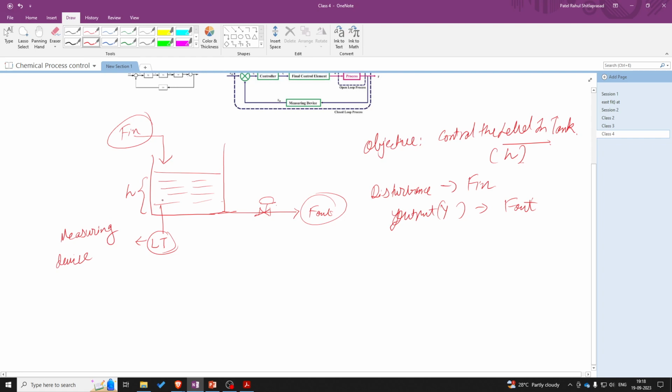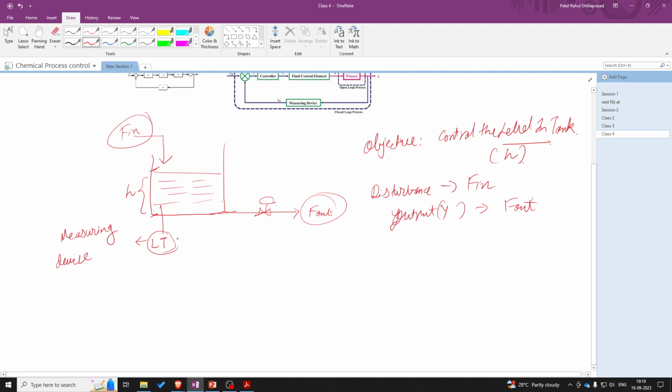One kind can be a differential pressure transmitter. It will measure the pressure at this point and the pressure at this point, and then use the equation P1 minus P2 equals rho g h. On the basis of that, it can calculate the height of the liquid in the tank. So this is an example of a level indicator or level transmitter.